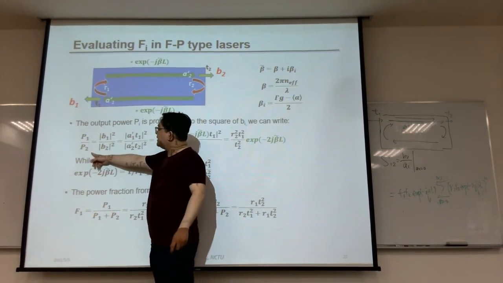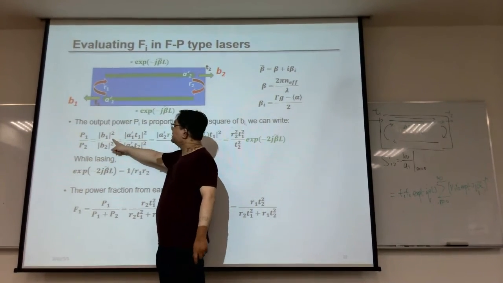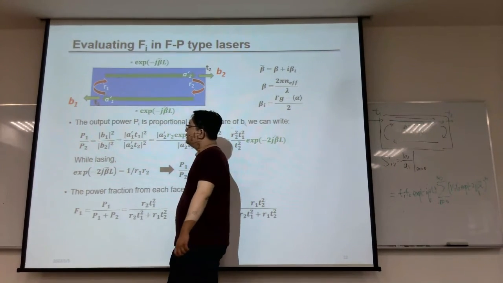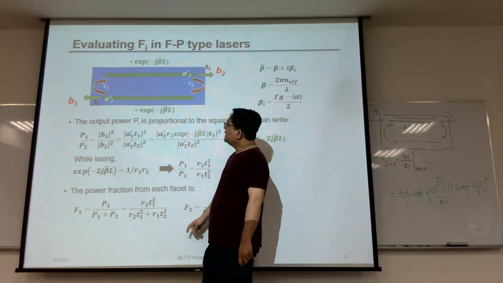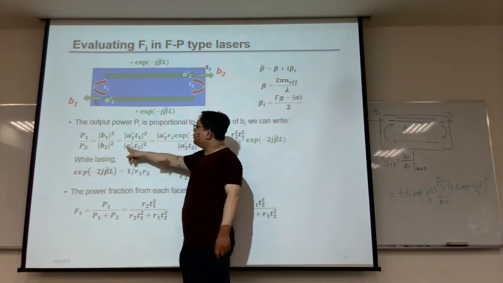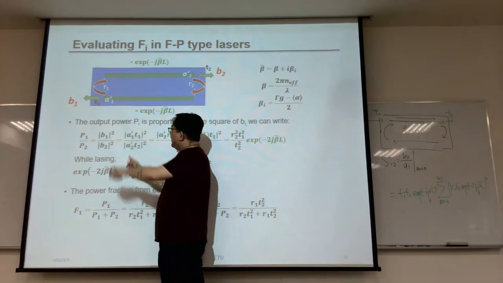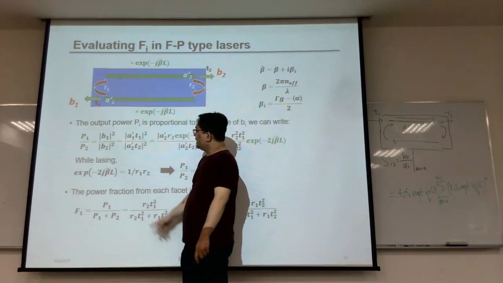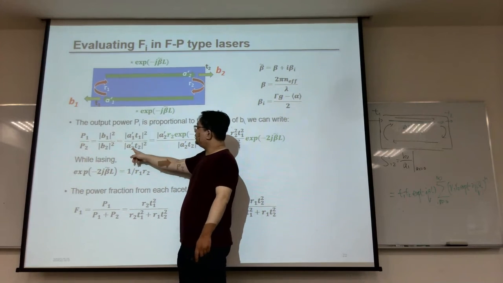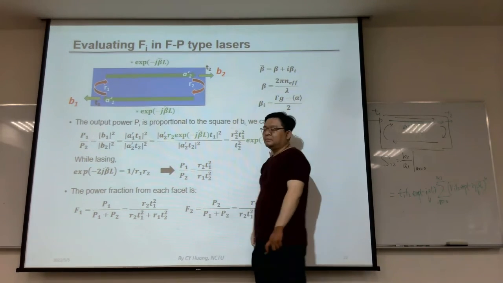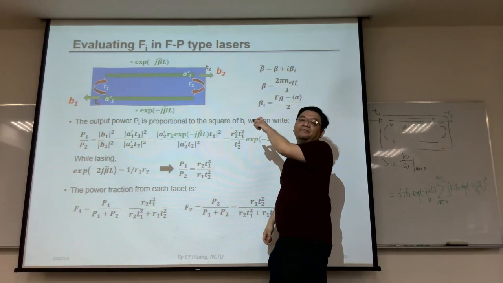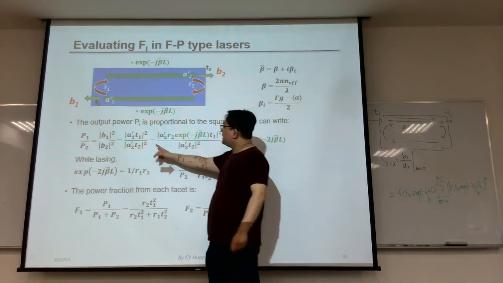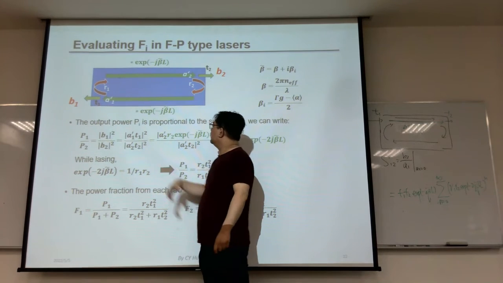P1 divided by P2 can be written as P1 squared divided by P2 squared. P1 is the power here, A1 plus times T1, and P2 is A2 plus times T2, just before leaving the interface.